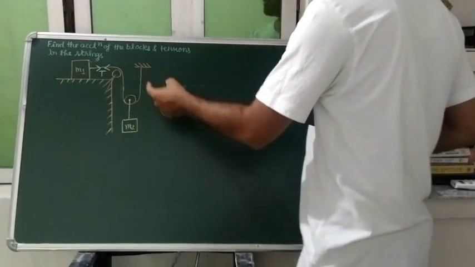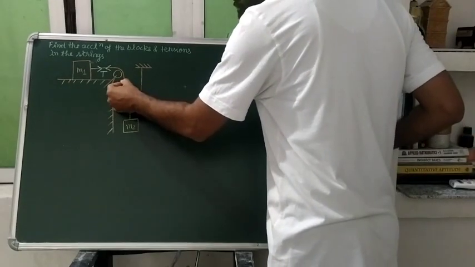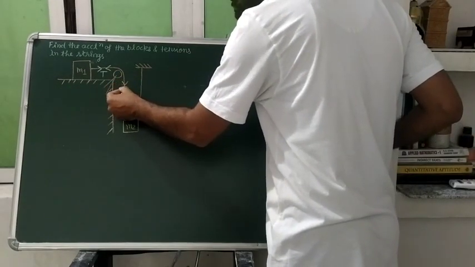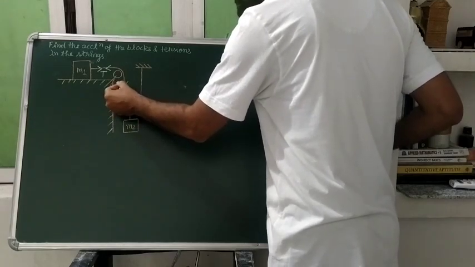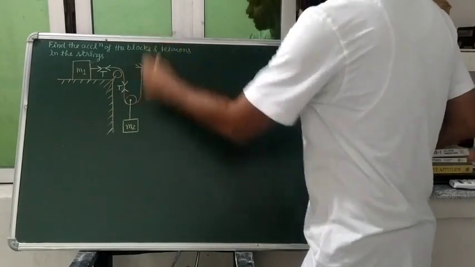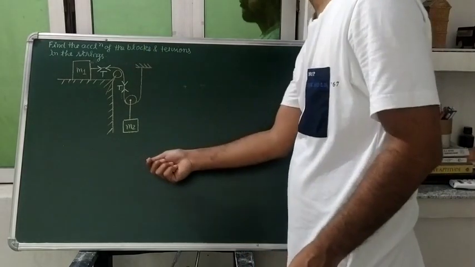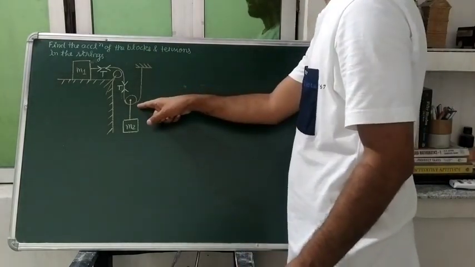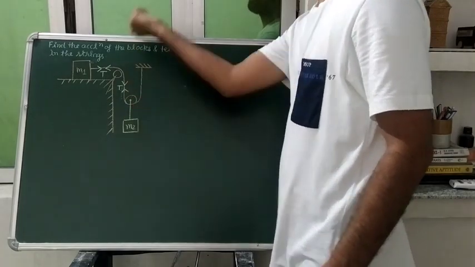Since the pulleys are frictionless and massless, the tensions at each and every end will be the same. So here also the tension T is going to act, it will come in a pair. For the object of interest, this pulley, tension will act along this string and it will have the pulling effect like this.